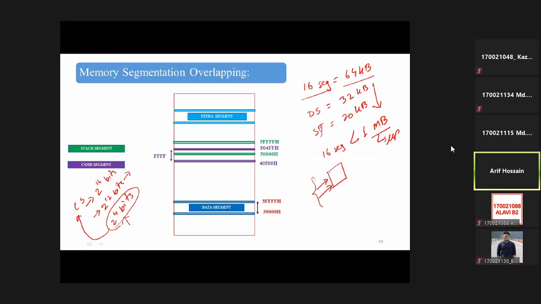So whichever segment is following the code segment, say the stack segment, these bits go to the stack segment. But remember, these were already allocated for the code segment, and you are allocating this for the stack segment.